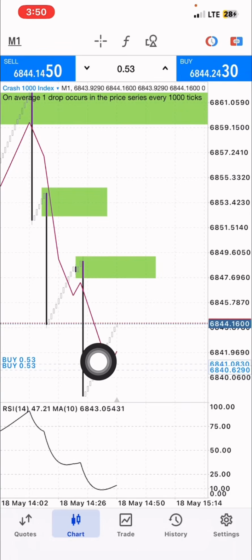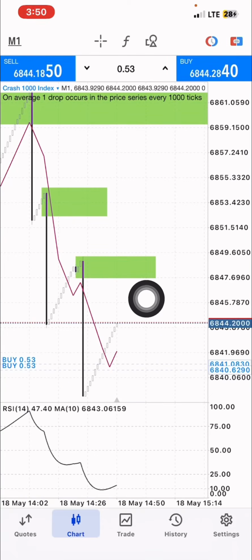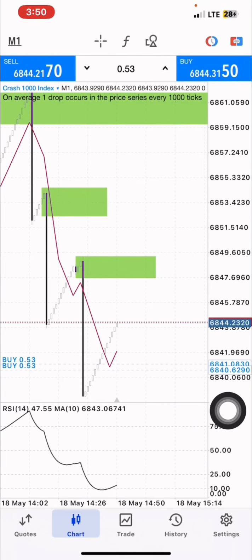Then you enter for a buy, and you wait for 5 to 10 candles before you close in profit. Then you wait for another opportunity. You continue repeating this process over and over till you grow your account.